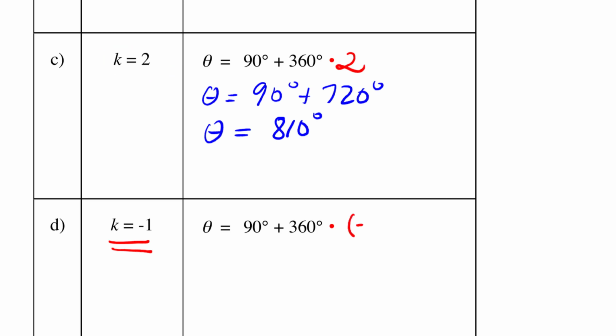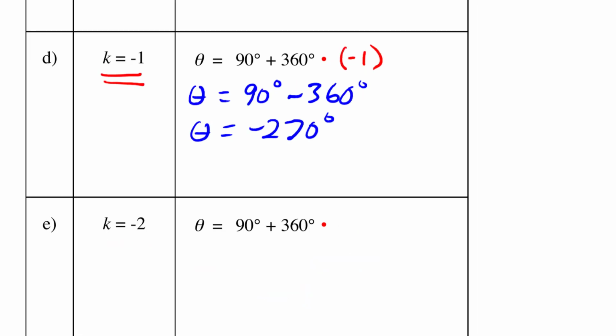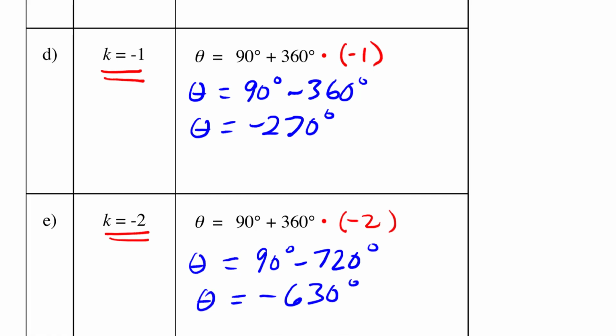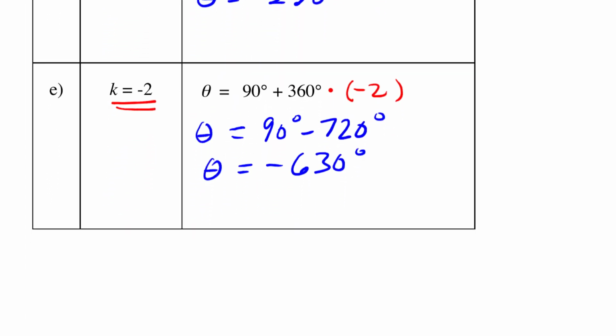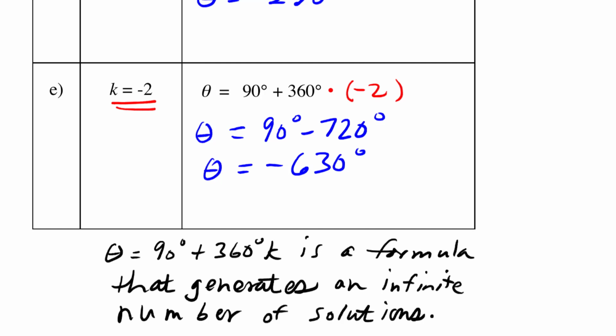We can use k equals -1, k equals -2. We can pick any value of k and generate that whole set of solutions. So basically, theta equals 90 degrees plus 360 degrees k is a formula, and it generates all those solutions.